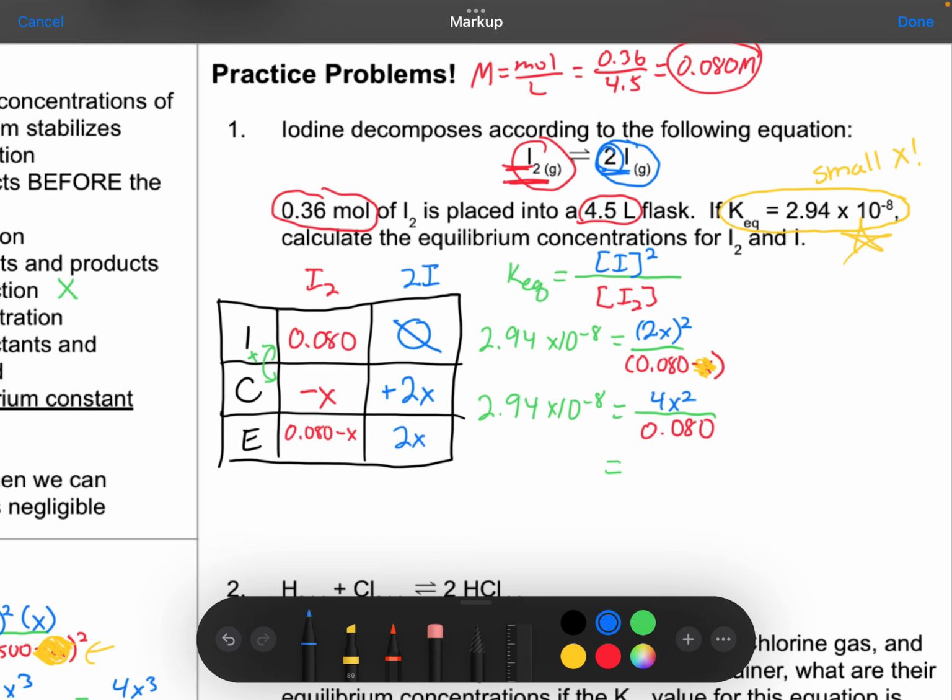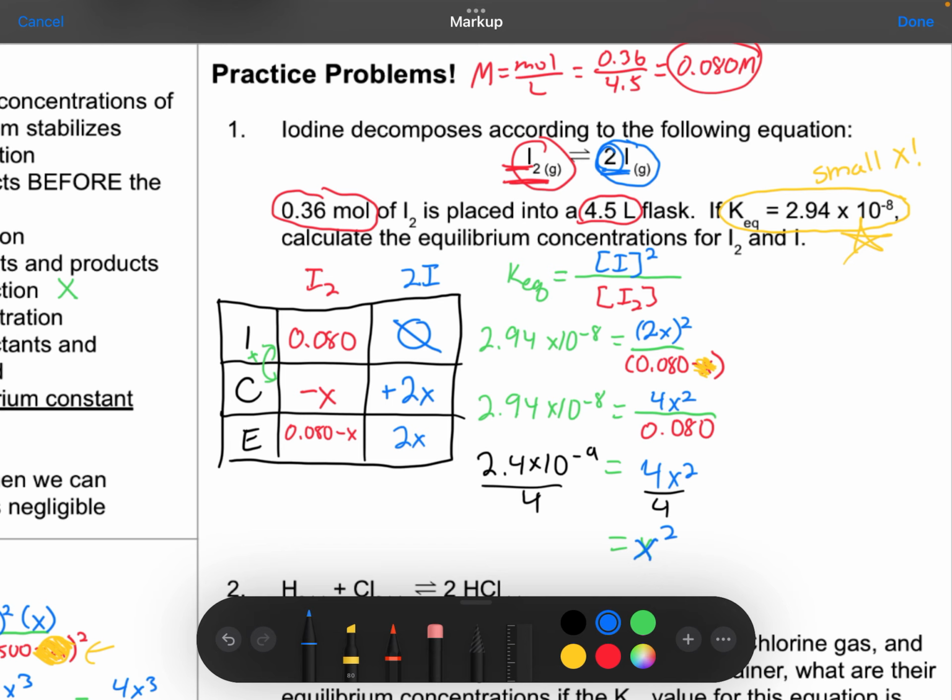We have our 4x squared on the left. I multiply both sides by 0.080, and I end up with 2.4 times 10 to the negative 9th on that side. I'm going to end up dividing both sides by 4, and then I'm going to end up with x squared on that side.